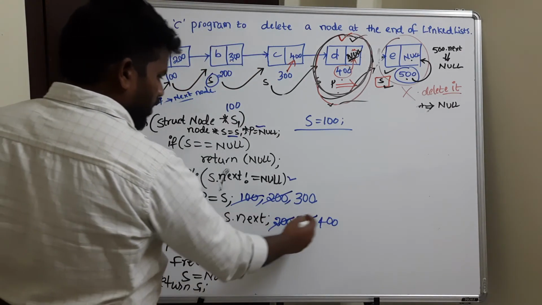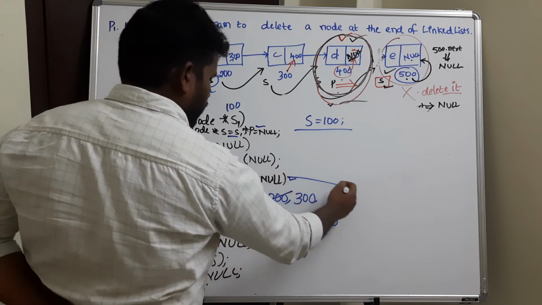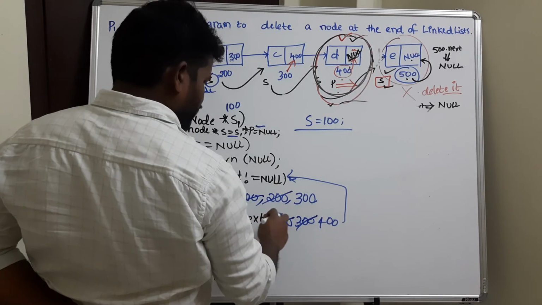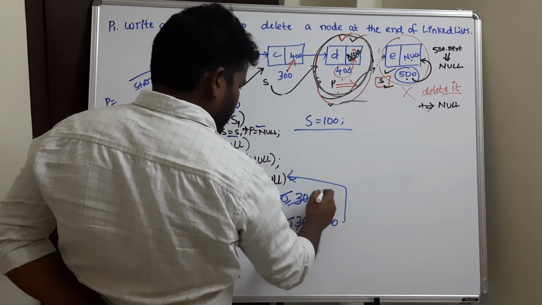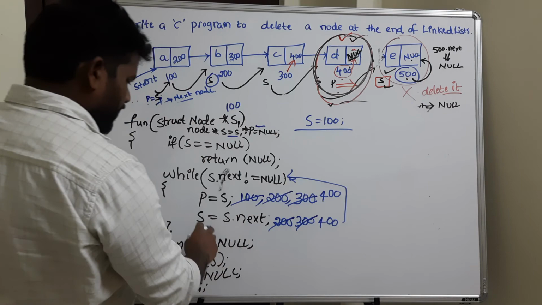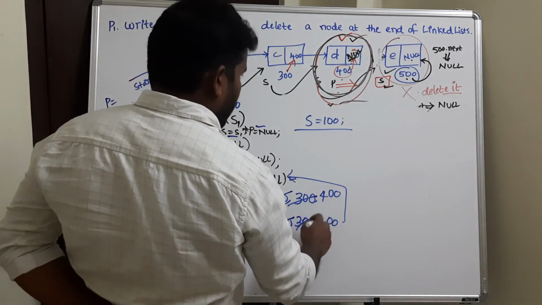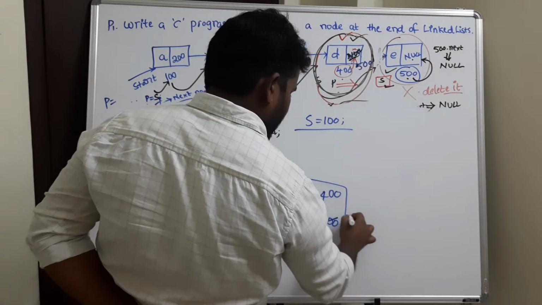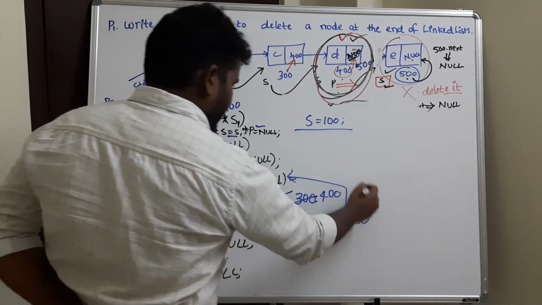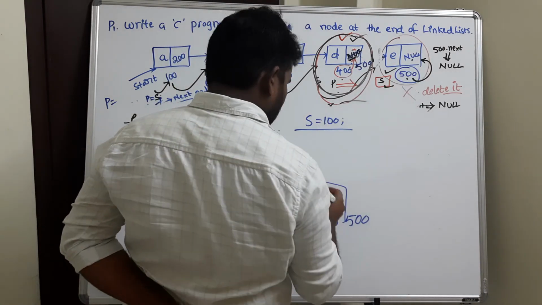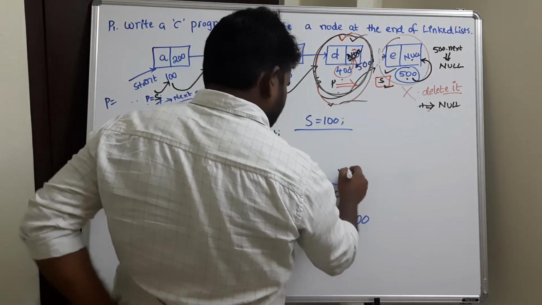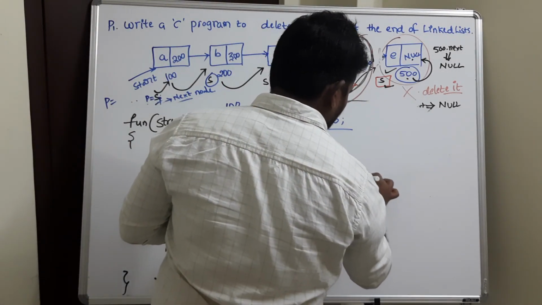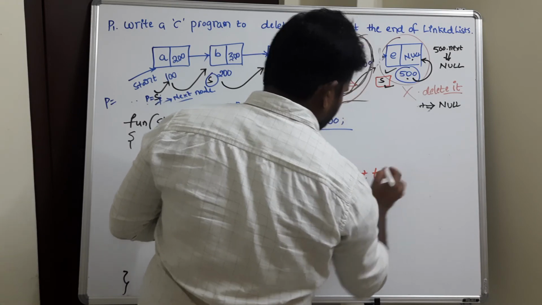Okay, 400 dot next is not equal to null, true. We came here, we assign 400 here. S is 400, 400 next is 500. We came here, 500. 500 dot next is null, so this condition failed, it is not true.